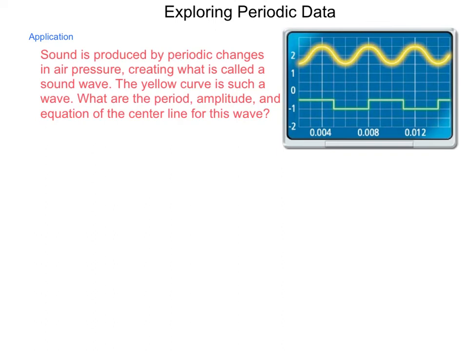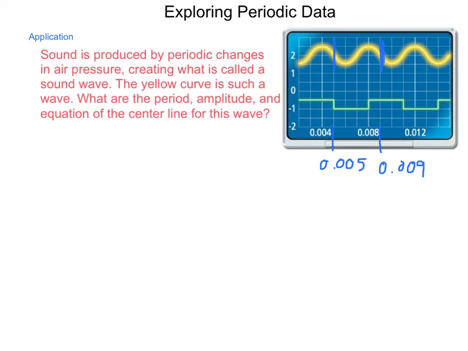What is the period, amplitude, and equation of the center line of this sine wave? So let's take it. We know it to be periodic. The period itself goes from here at 0.005 and then will end here at 0.009.